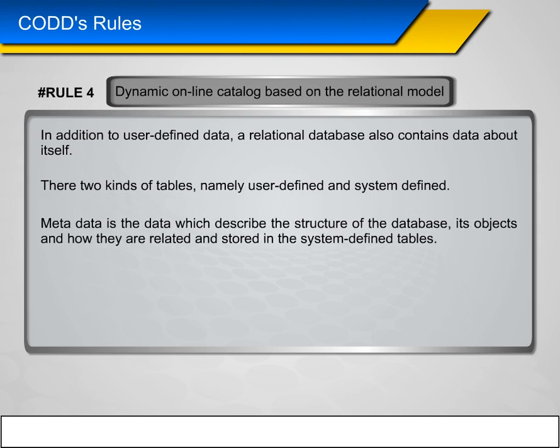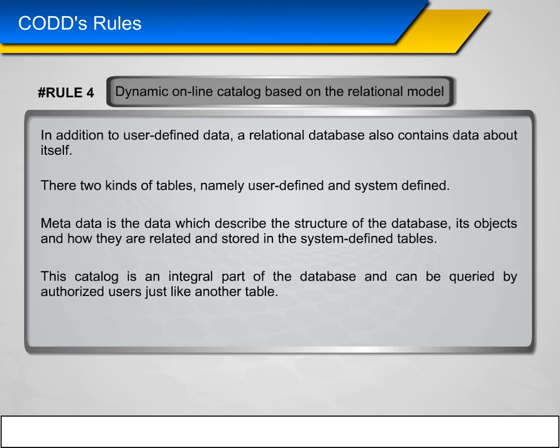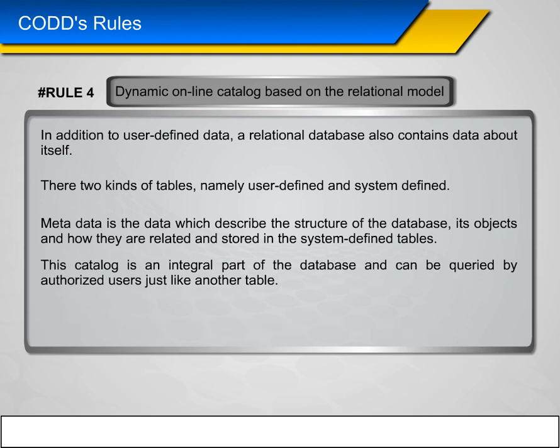Metadata is the data which describes the structure of the database, its objects, and how they are related and stored in the system-defined tables. This catalog is an integral part of the database and can be queried by authorized users just like another table. Another name for this catalog is System Catalog or Data Dictionary.